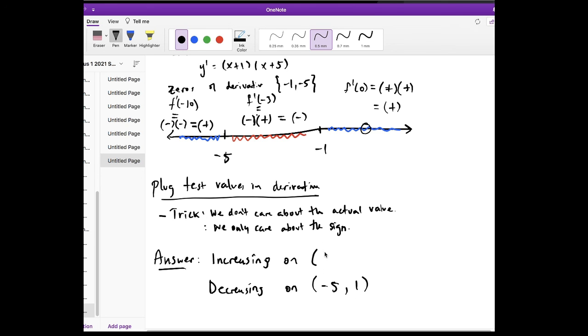Yes, it's increasing from -infinity to -5, and so it's a union of the two, -1 to infinity. Yeah, good. So just remember the union when you have two or more separate intervals where it's true. Okay, so everyone see that?